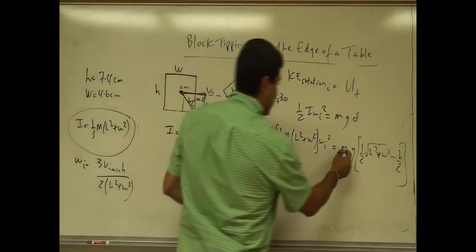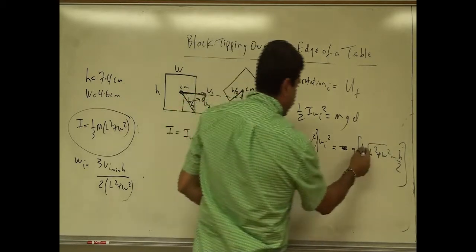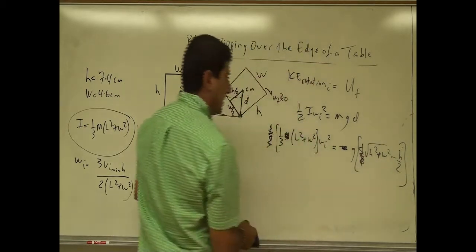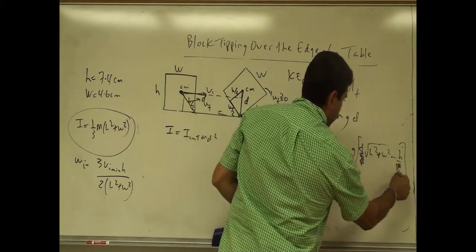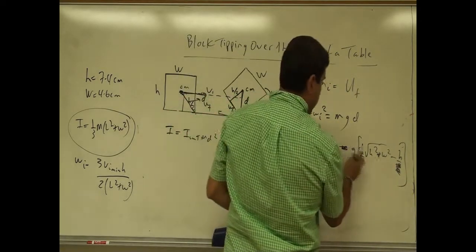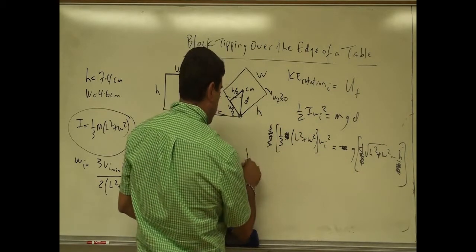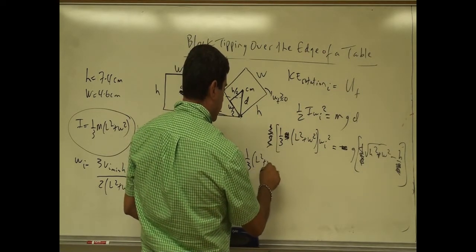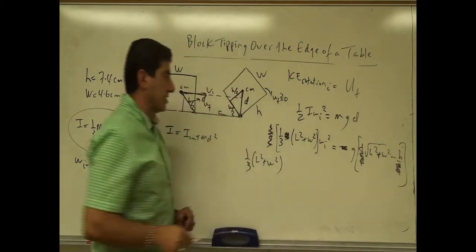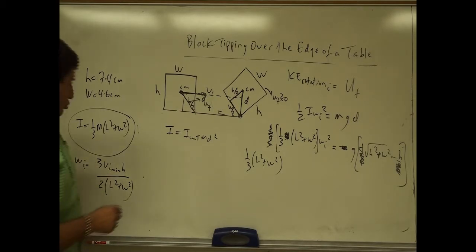So then the mass cancels. This half cancels this half, okay? And then it also cancels this half. So basically you multiply everything by 2, you get rid of this 2, and then the m's cancel. So then you just have 1/3 L squared plus W squared. So then what I'm going to do, I'm going to take the initial omega that we got in terms of the height, and substitute that there.